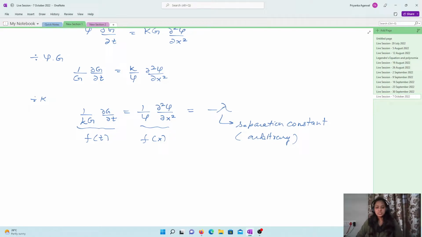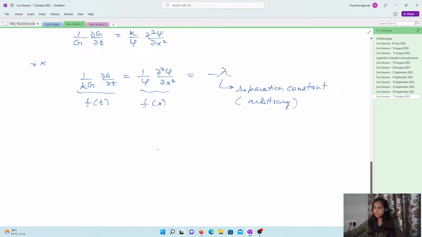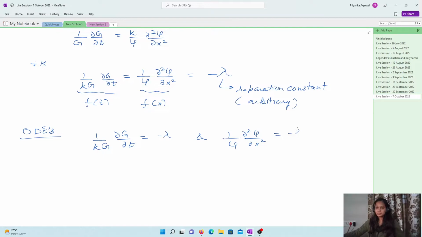Okay, so let's proceed with this process, and so the next step would be to acknowledge that we can take the equation above and split it into two ordinary differential equations. So let's split it. The two ODEs in which it can be split are 1 by k g del g by del t equals minus lambda and 1 by psi del square psi over del x square equals minus lambda.